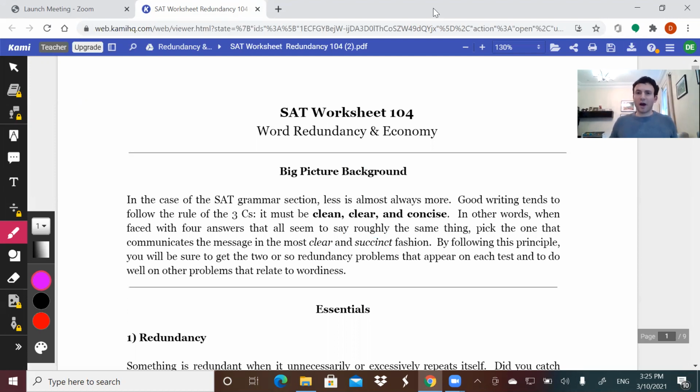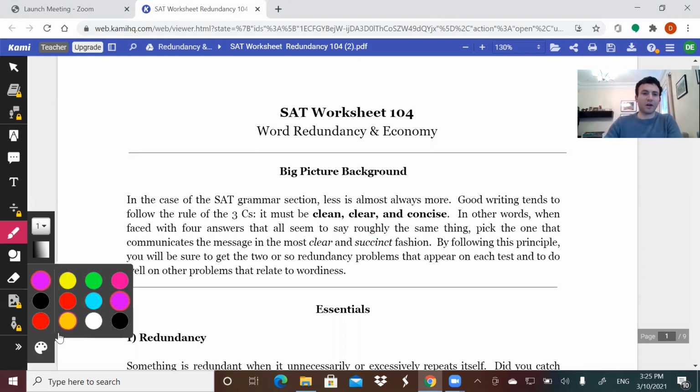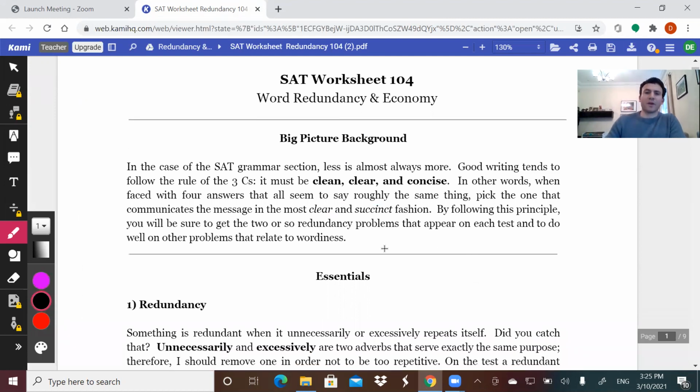But anyway, this is a topic that is very much a part of both tests, and it's easy enough to get if you just know what you're looking for. So we'll go through this pretty quickly. Whenever you're in doubt about a question and you're not sure what to pick, always go with the most clear and concise or succinct answer.